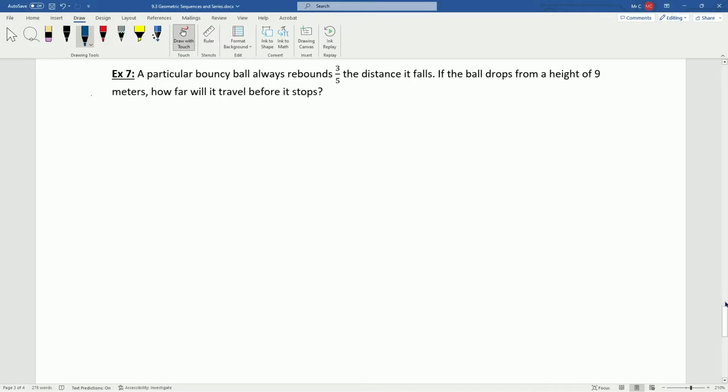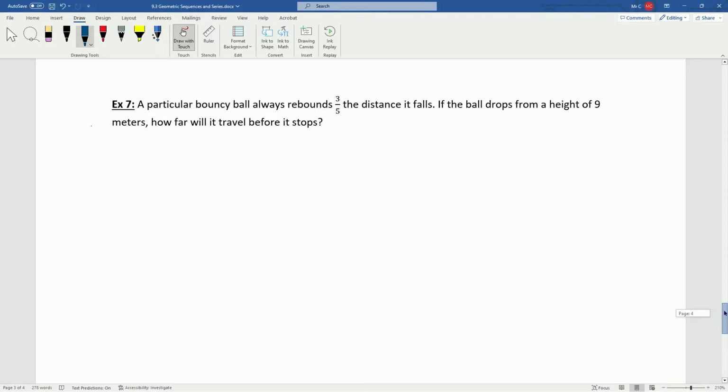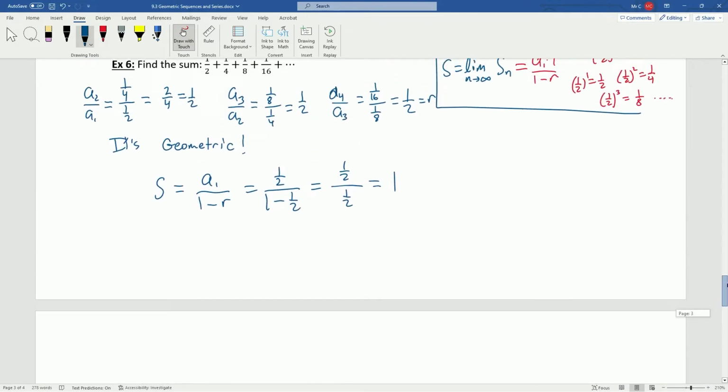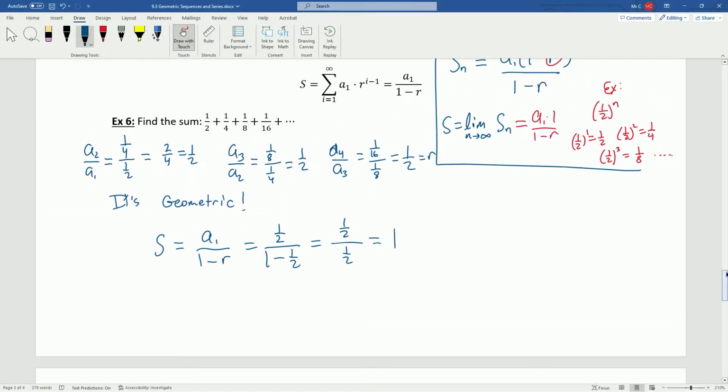First, let me go back to this previous problem. I'm going to use this to expand on an idea that's relevant to the next problem. When we're talking about these infinite sums, someone might say, well, time can't last forever, so you can't really ever take an infinite sum, so why are we doing this?